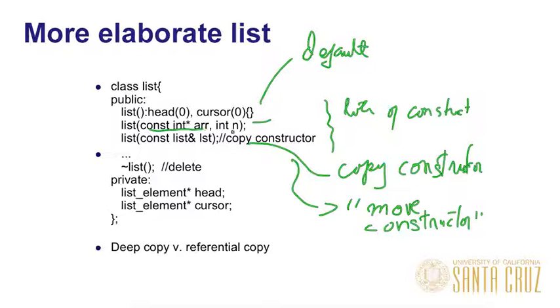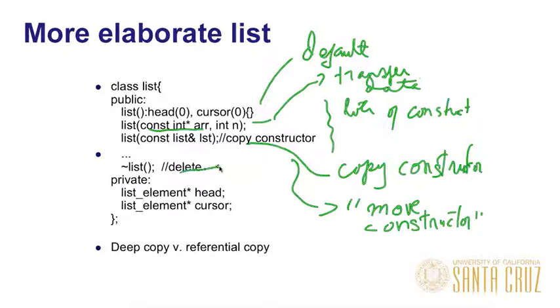We have a size of that array, and we want to take something of that size and create a list out of it. So that's something that lets us transfer data from another container.